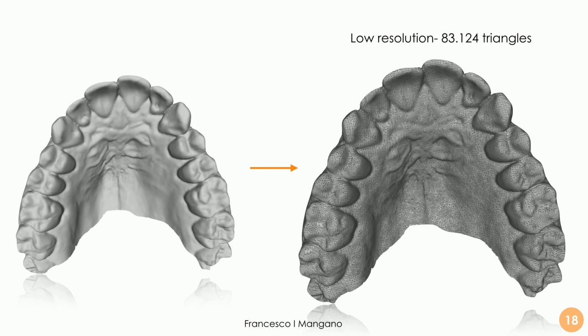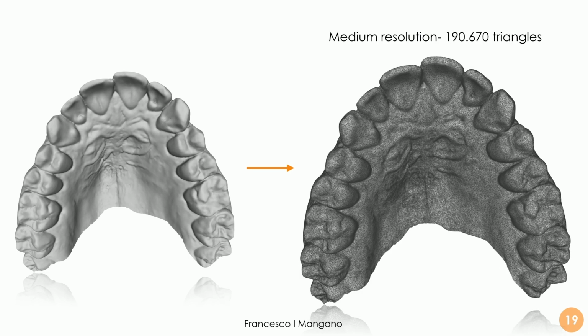As we can see here, in a low resolution with less than 90,000 triangles for this full maxilla, we can see that the STL file is not so beautiful to look at. But if we need to print it for ortho purposes or for a diagnostic model, then it's an option, because we don't need so many triangles.